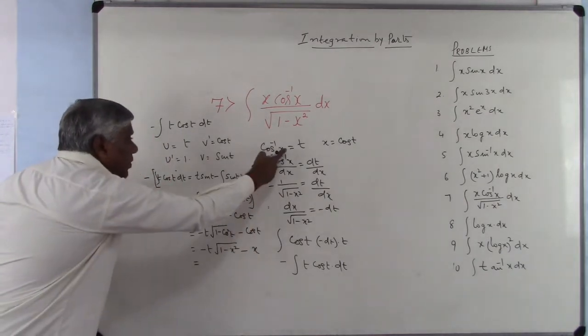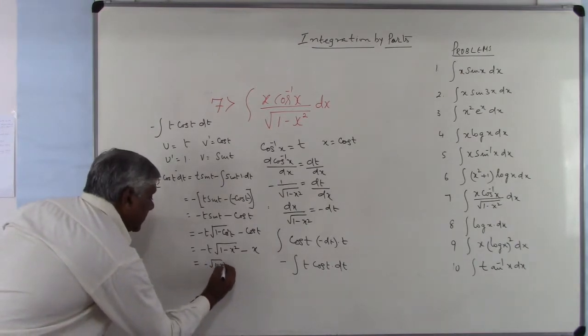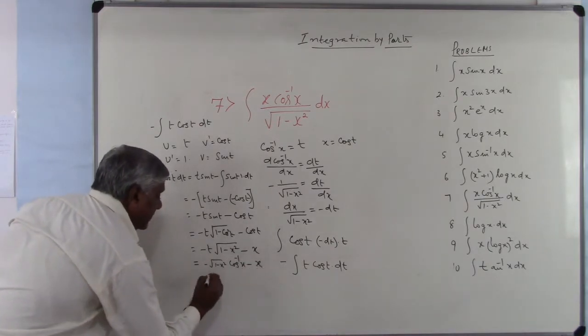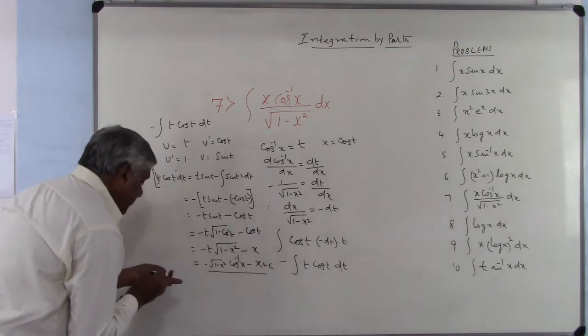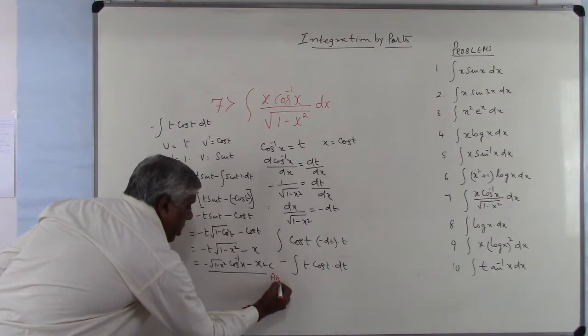For t you are going to substitute cos inverse x. So the answer is minus root of 1 minus x square cos inverse x minus x. This is the answer for this problem.